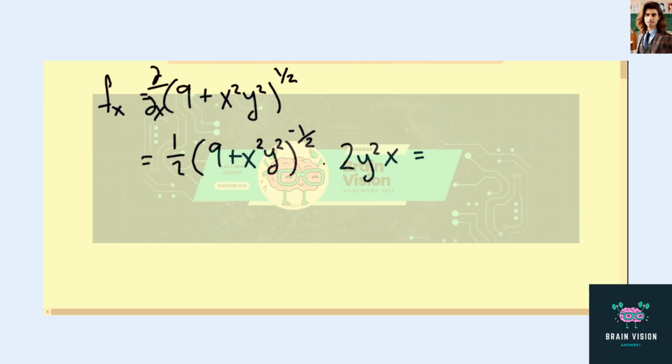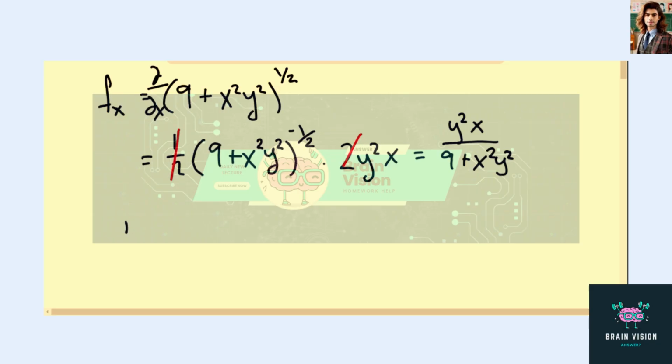I guess you could put this in a different form. Actually the 2 is going to cancel out with the 1/2, and we are left with y squared x over (9 plus x squared y squared) to the power of 1/2.